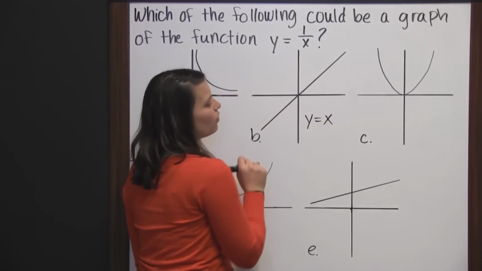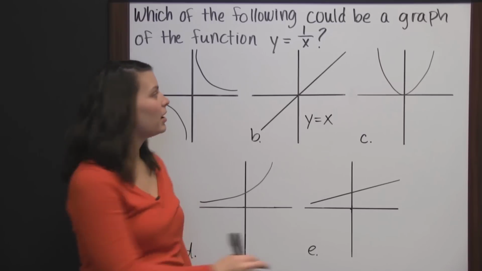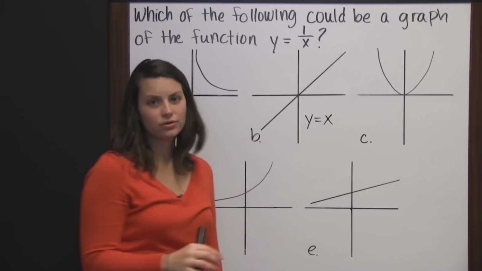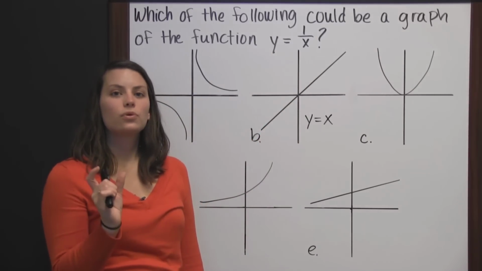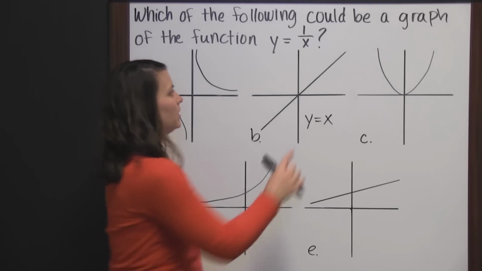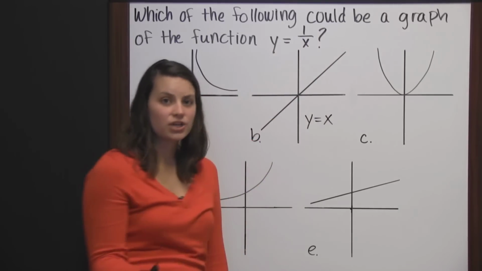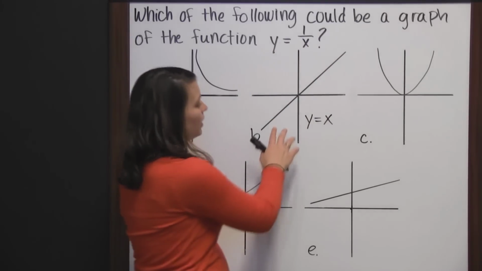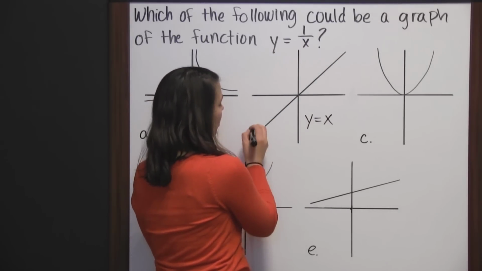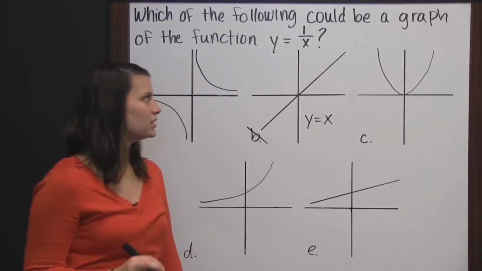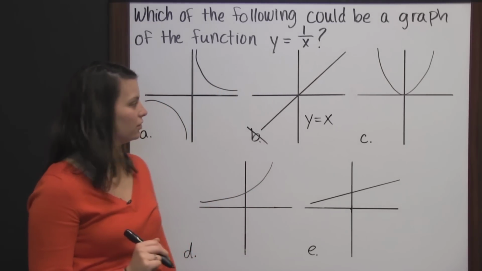So not y equals 1 divided by x. By the way, this is called a rational function. The root ratio means a comparison of two numbers or a fraction. And B is not the graph of a rational function. It's the graph of a linear function.